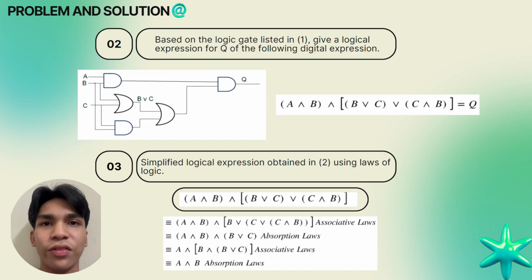So moving on, we have a problem example and a solution for it. It says, based on the logic gates listed, give a logical expression for Q of the following digital expression. As you can see, there are 3 inputs available.